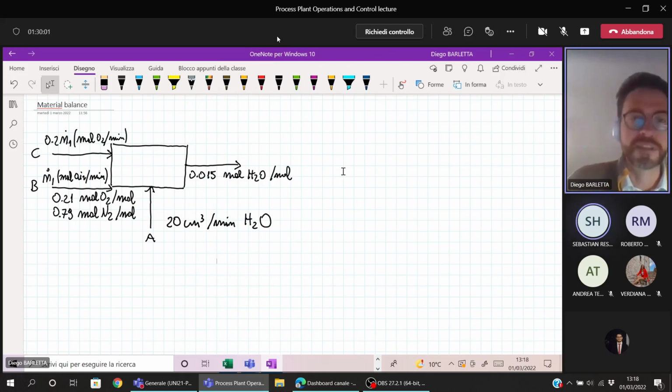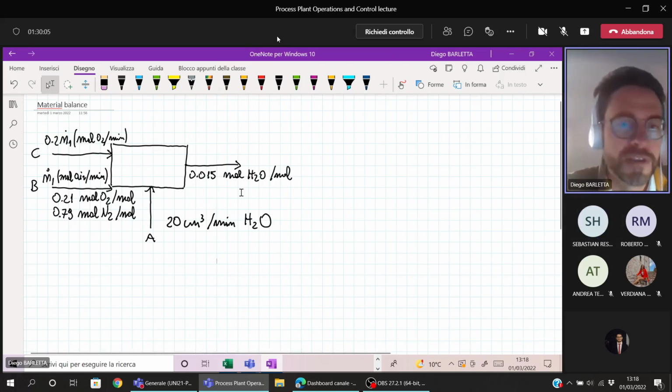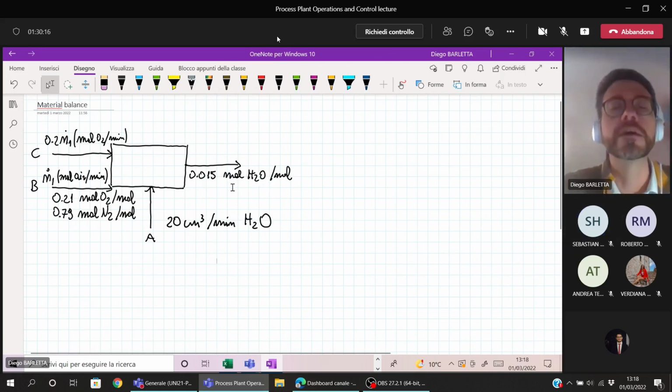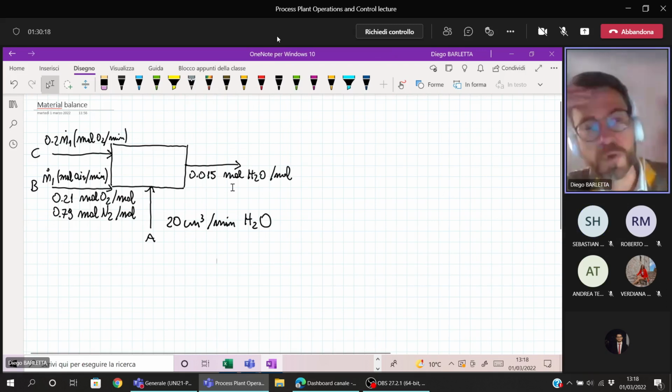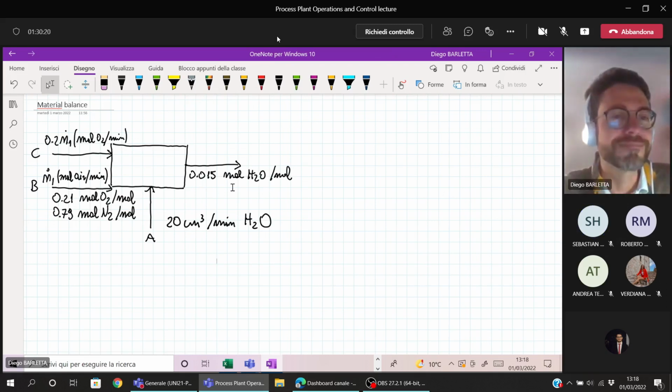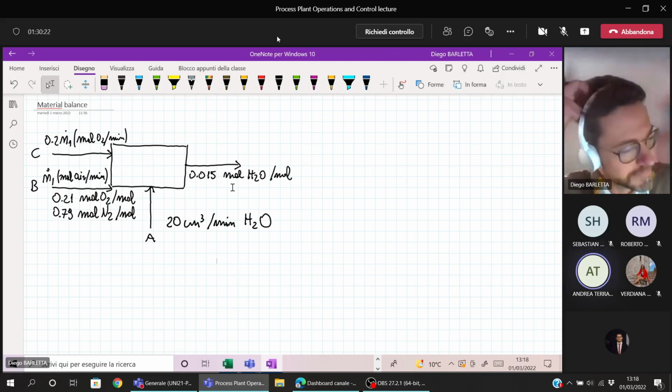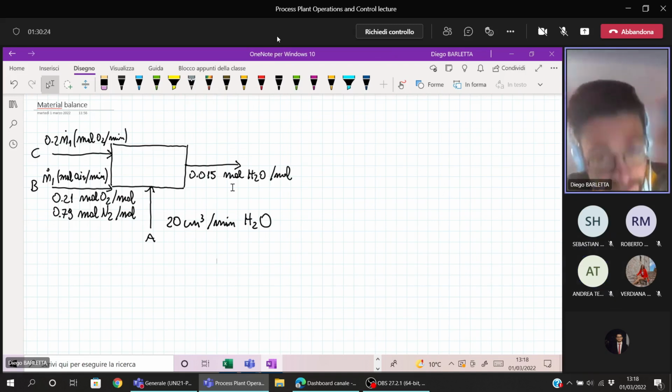So Verdiana says correctly, for example, information regarding the composition of nitrogen in the output stream is okay. But what else do we need also? Oxygen. So another piece of information about the composition of oxygen.